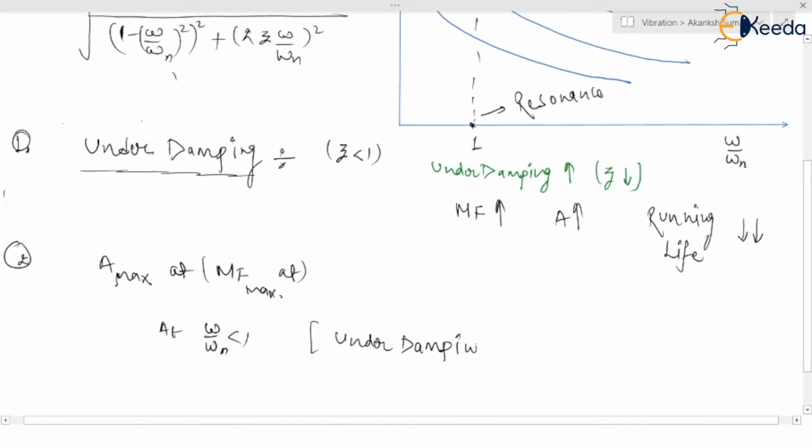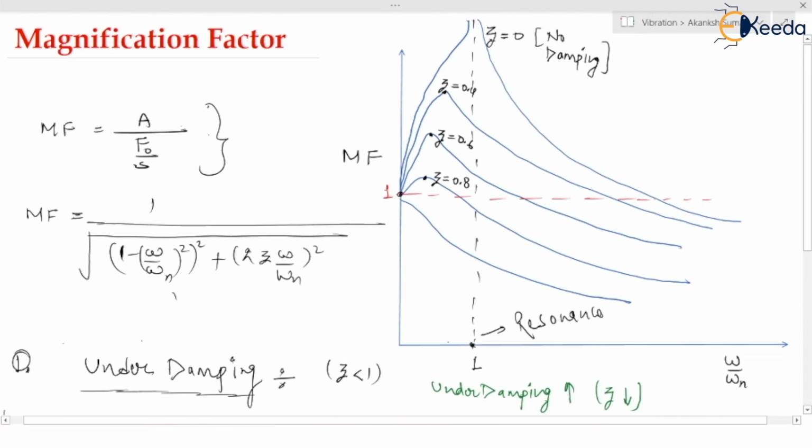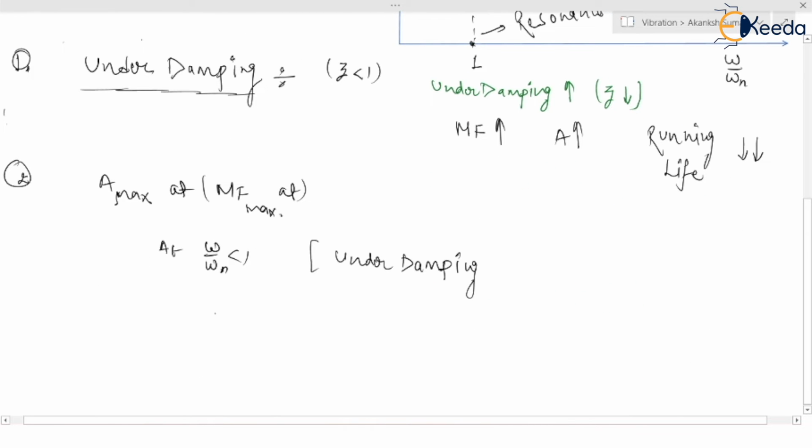Let us understand why I'm going to say this. You can see up to resonance zeta value decreases. Up to resonance zeta value decreases. Are you getting my point? Up to resonance zeta value continuously decreases. So that's why when omega by omega n is less than 1, there will be underdamping, or sometimes it is called viscous damping.